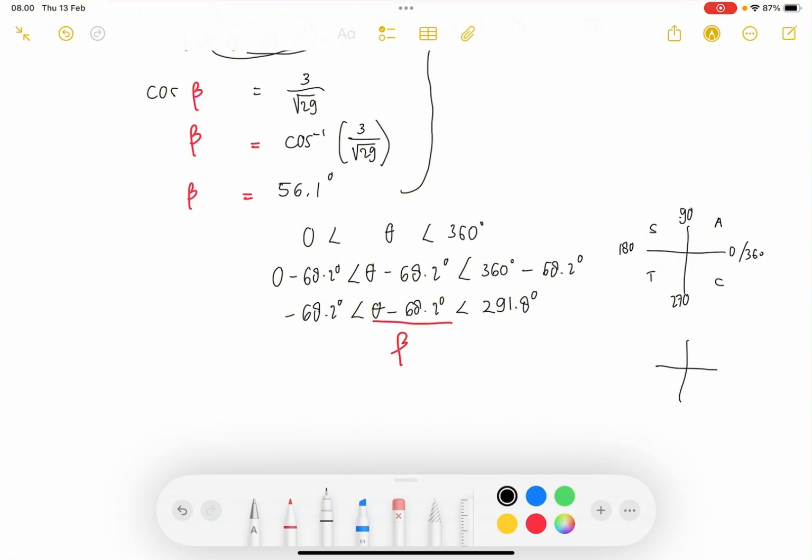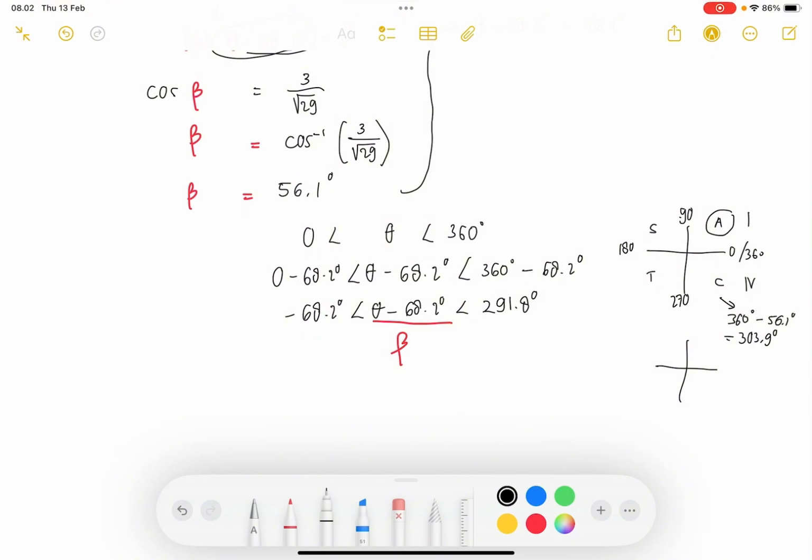So only quadrant 1 and also 4. In quadrant 1 we have it already. Now let's check in quadrant 4. In quadrant 4, it's 360 degrees minus 56.1 degrees, so we come up with the value 303.9 degrees.